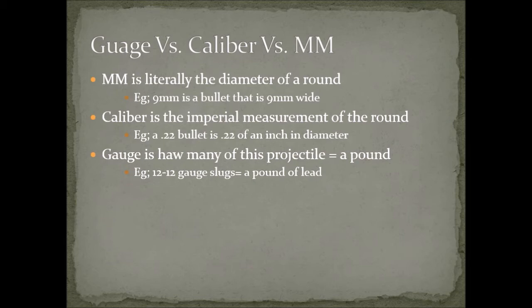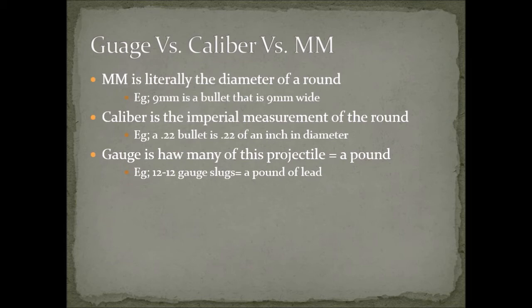So if I have a 45 caliber, you can imagine it's 0.45 of an inch. That's almost half an inch in diameter. Pretty large. If I have a 50 caliber, it's half an inch. Does that make sense?